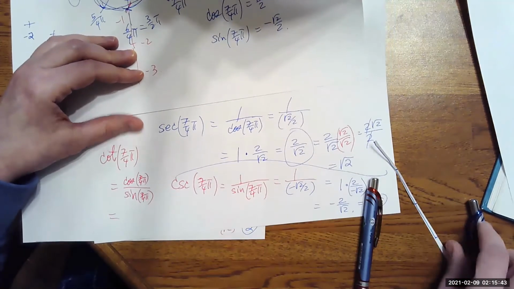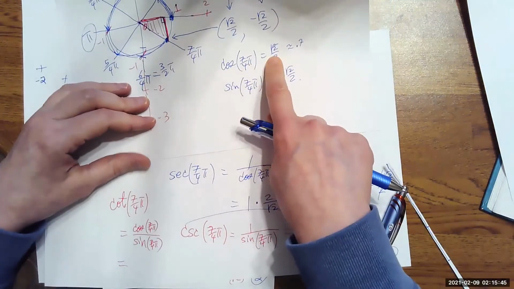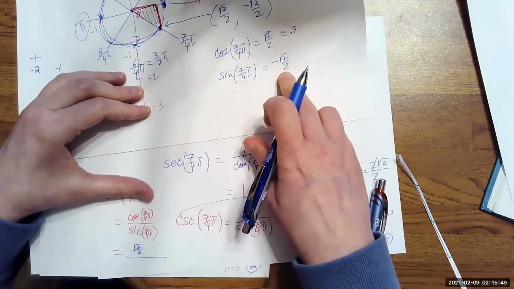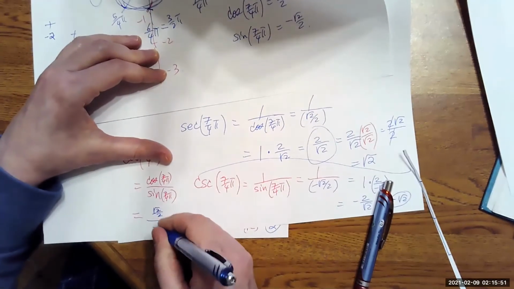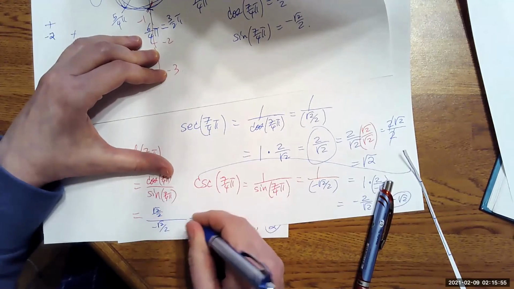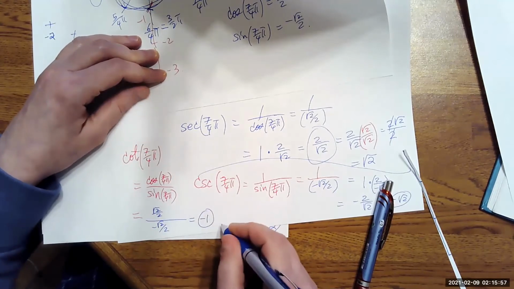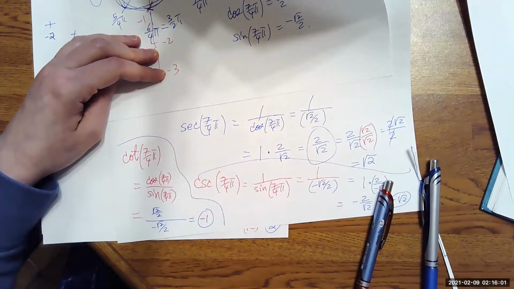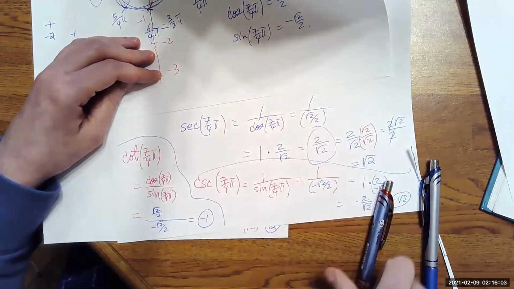Cosine here was positive, square root of 2 over 2. Sine was the one that was negative, so negative square root of 2 over 2. This divided by itself, except a little minus in there, we get an answer of -1. So that's our cotangent value. And we could really find any of the 6 trig values at that point just by knowing this sort of thing.